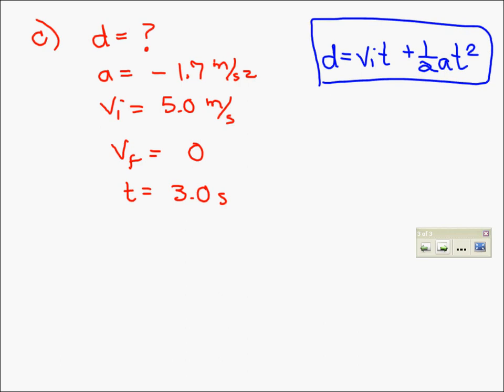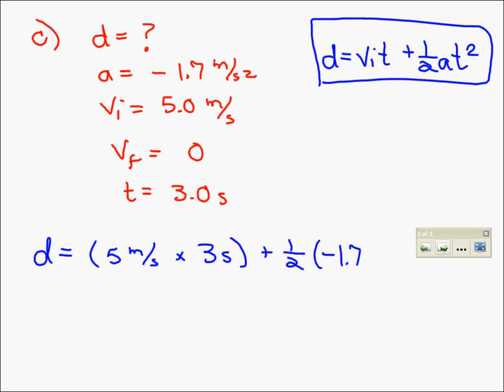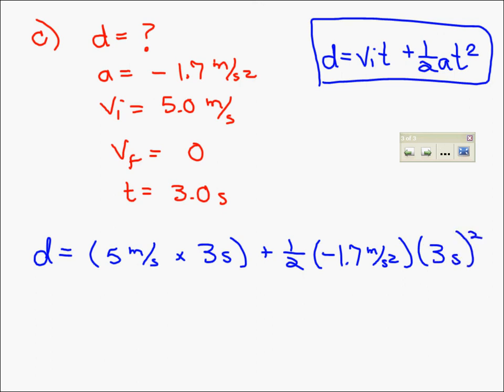Our basic equation and working equation are the same, so let's put in our variables. d is equal to 5 meters per second times 3 seconds plus 1/2 times negative 1.7 meters per second squared times 3 seconds squared. I'm using my calculator. You don't have to if you don't need to. I know that first part's 15, but if you like, you could do in between ones.